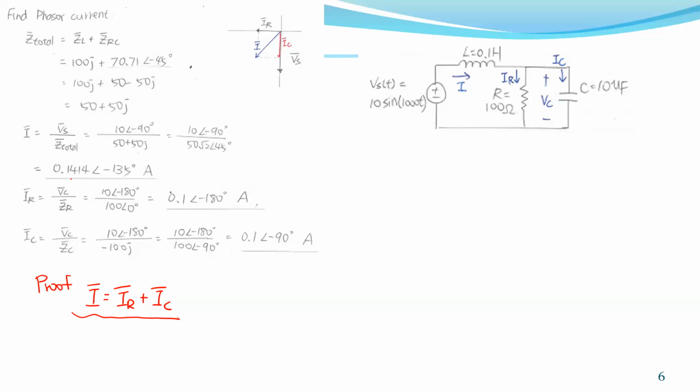To write down the phasor diagram, this is called the phasor diagram of this I. This is IC, which is 0.1 at minus 90 degrees, and this is IR, which is 0.1 at minus 180 degrees, and this is I. So I should be IR plus IC.